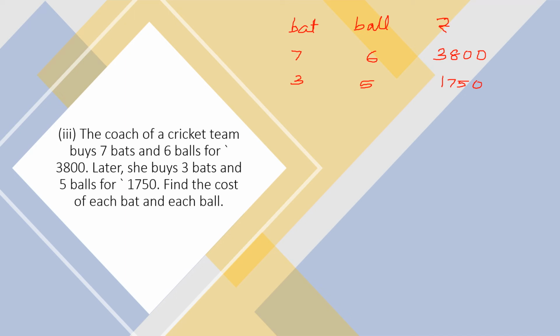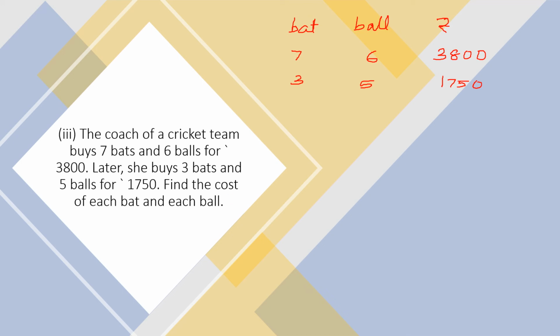Okay. So first, when she bought 7 bats and 6 balls, it cost 3,800. And 3 bats and 5 balls cost 1,750. Now how are we going to take this?